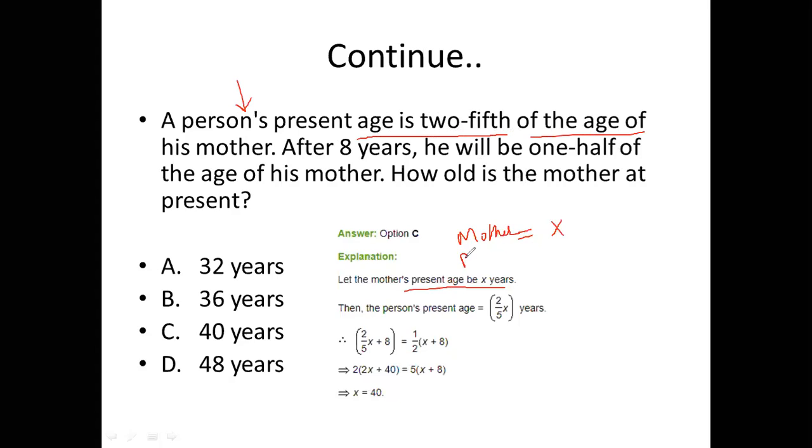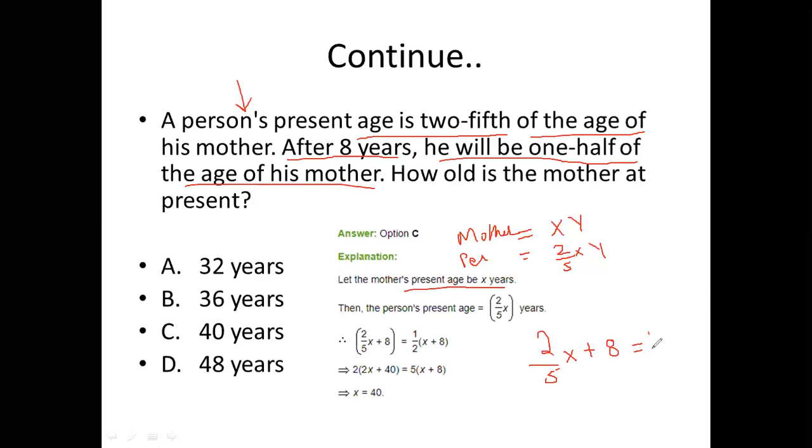So the person's present age will be 2/5 x years, right? Now again we have said that after 8 years, we are going to add, as we have told you in the formula also. So that 2/5 x plus 8, that is after 8 years. What is given? He will be 1/2 of the age of his mother, right?